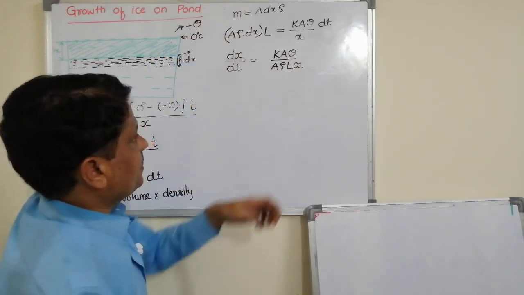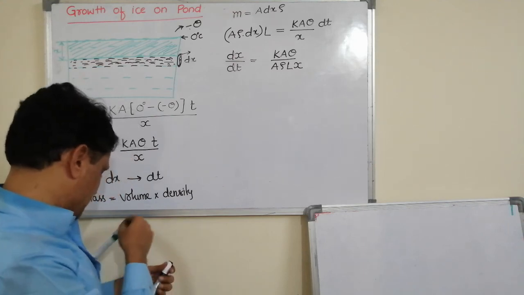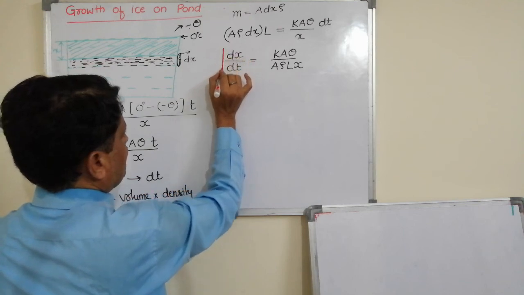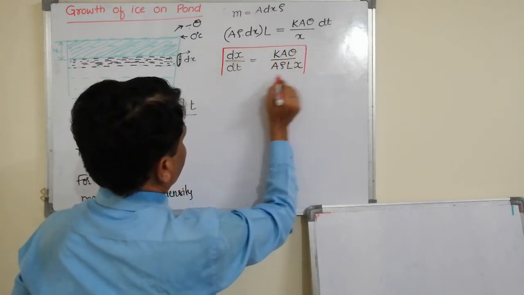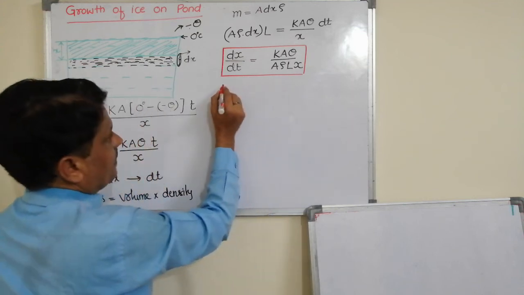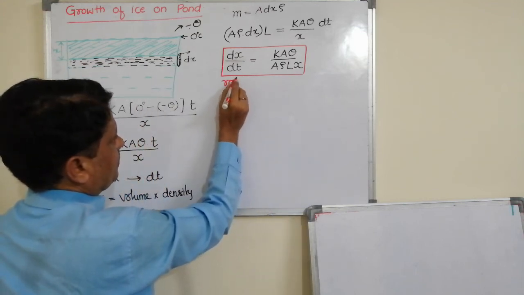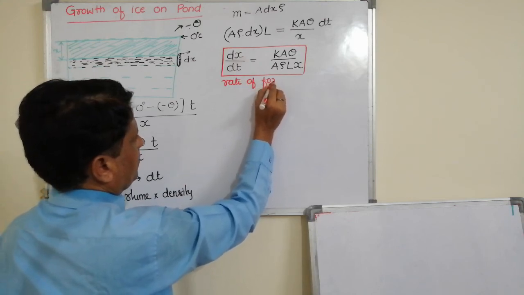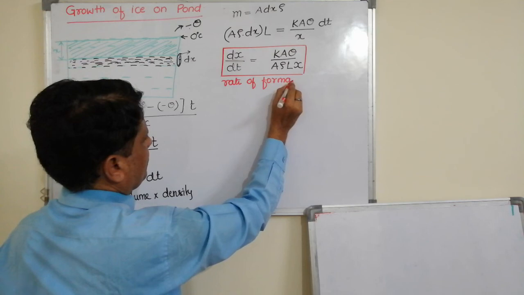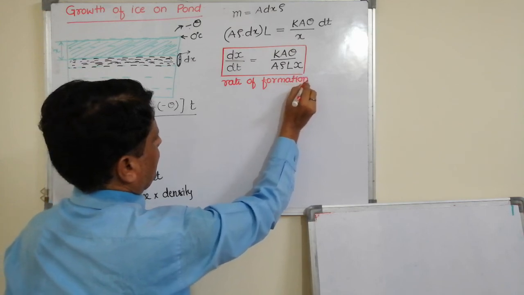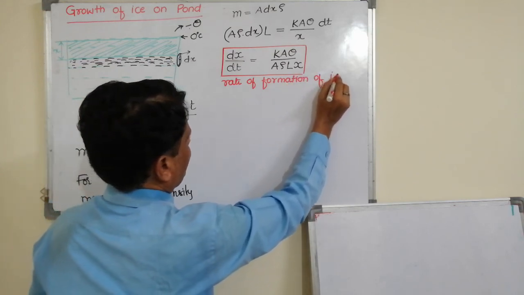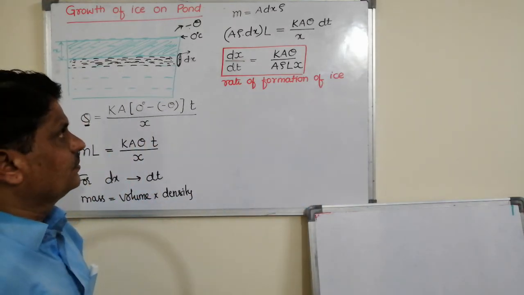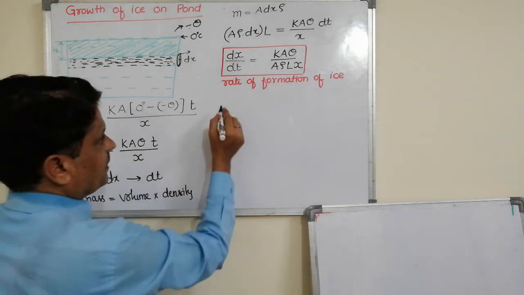This is called the rate of formation of ice.